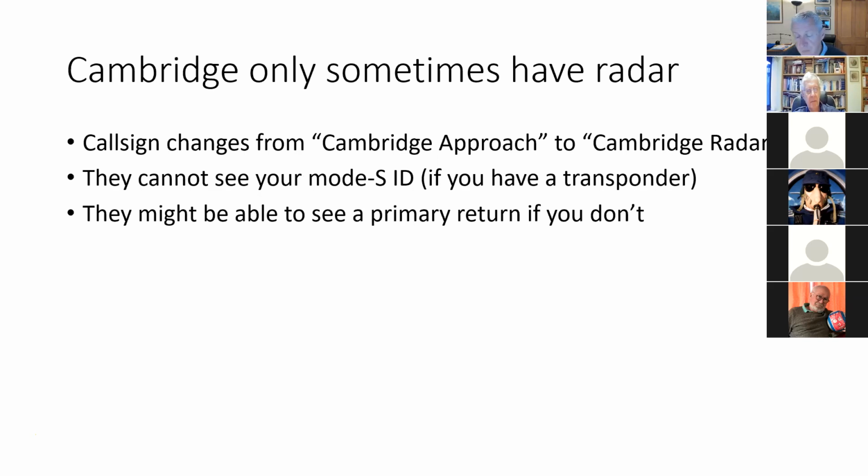So you will have put your call sign into the transponder. They can't see that. All they can see is the 4-digit code that you're squawking. For those of us without transponders, they might be able to see a primary return. So just a blip on the screen. So they might have some idea of where you are.